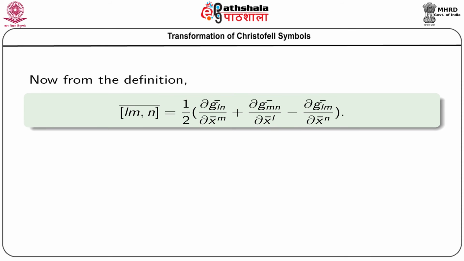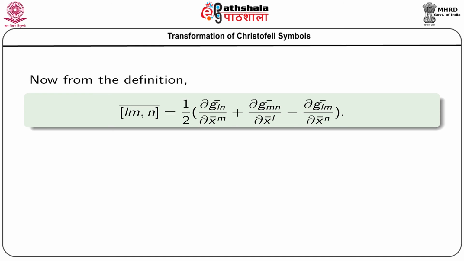Christoffel symbol of first kind, Lm comma n bar, that is, in the x bar coordinate system, is equal to half del g bar ln by del x bar m plus del g bar mn by del x bar l minus del g bar lm by del x bar n.